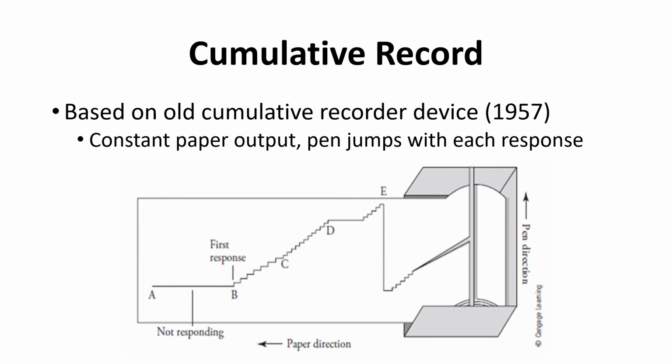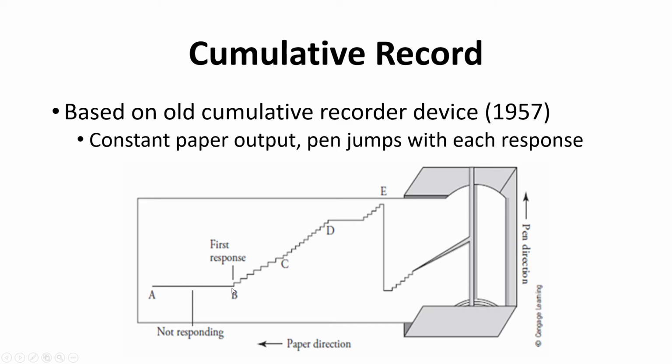And so every time that lever is pressed, that key is pecked, it would send a signal to this device here. So the paper is unrolling continually, and then as a response is made, this pen device, this drawing utensil, will hop up one increment. So let's start at the beginning here. At the very beginning, between A and B, we'd have no response.